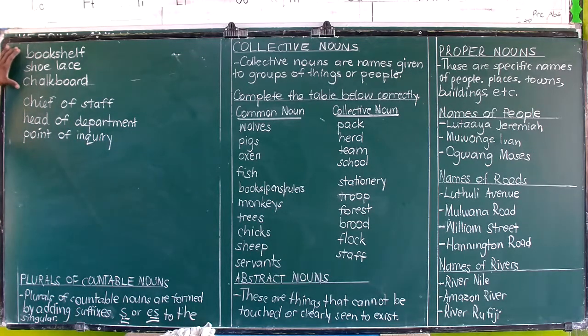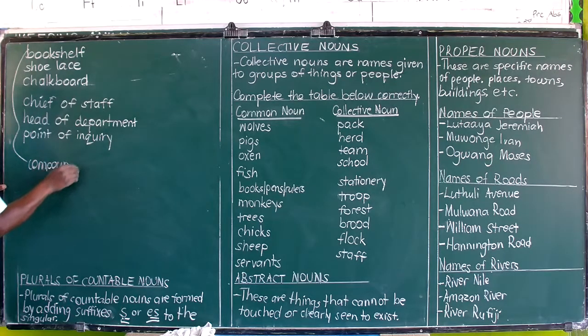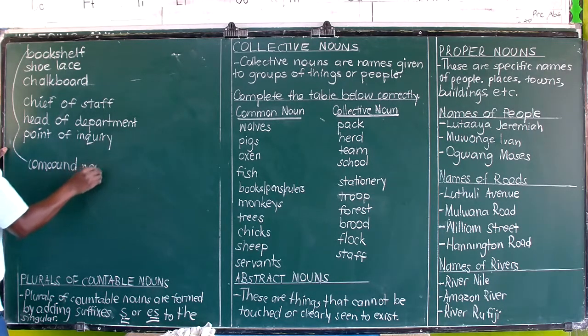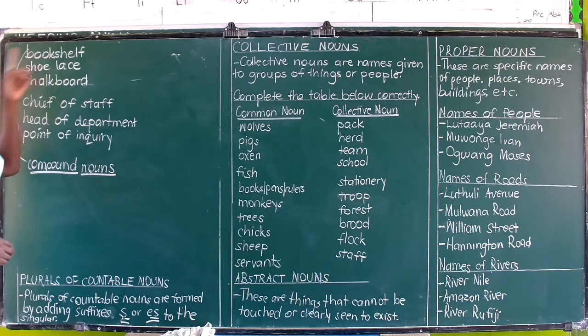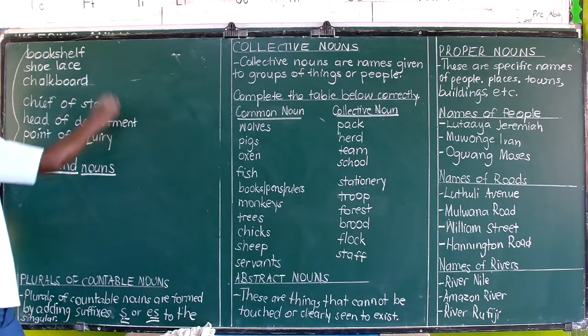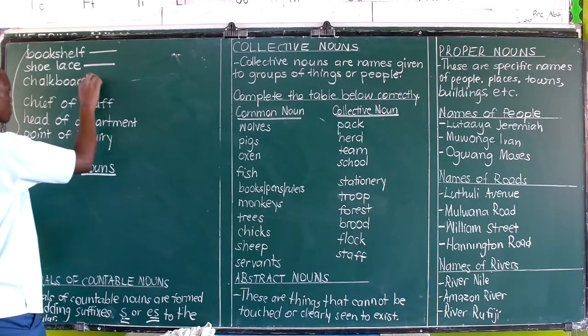There's a difference between the first three and the last three. In the first three, we see nouns that are formed from two or more words. In fact, all of them are called compound nouns. They are compound nouns with two words. They are compound nouns with three words. This is the difference. A bookshelf, a shoelace, a chalkboard.